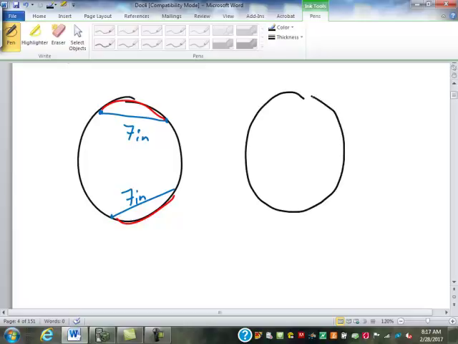Since we're talking about those chords, I want to take now a radius that goes through that chord coming out here. If that radius intersects that chord at a 90-degree angle, at a right angle, if we look here, we've got a radius that can go out to either end of that chord. We know that those two distances have to be the same because a radius is equal to any other radius of the circle.